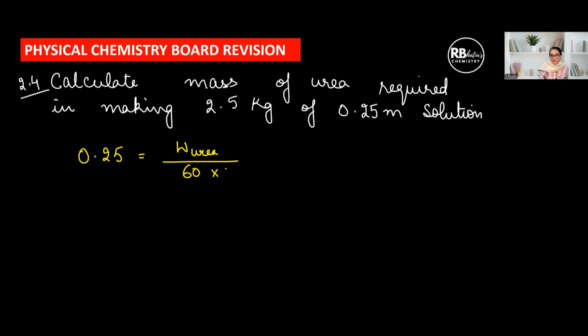Here I must take 2.5 kg, meaning 2500 gram of solution. Please remember, this is the mass of solution. Very important to keep in your mind, right? So 2500 minus the mass of solute is going to give me the mass of solvent in gram. So I'm going to multiply here with 1000. So solve it and just see.